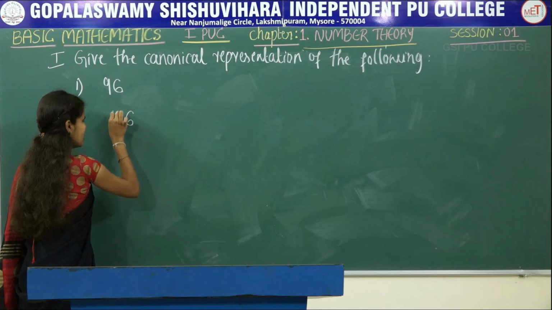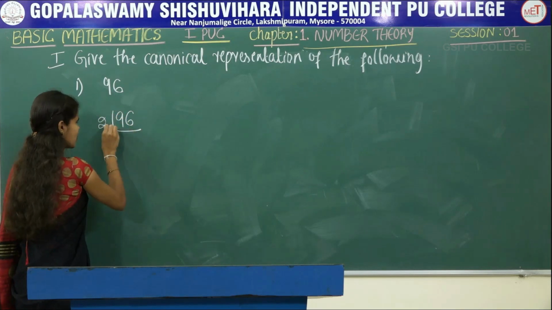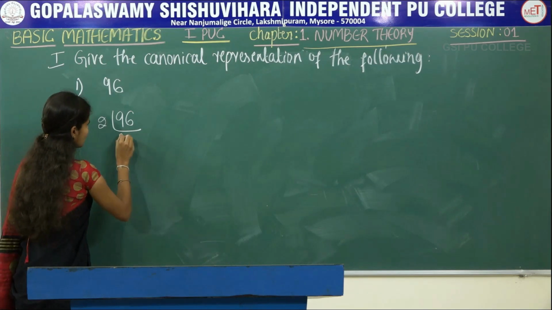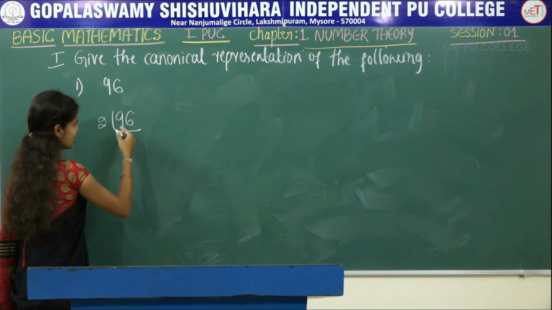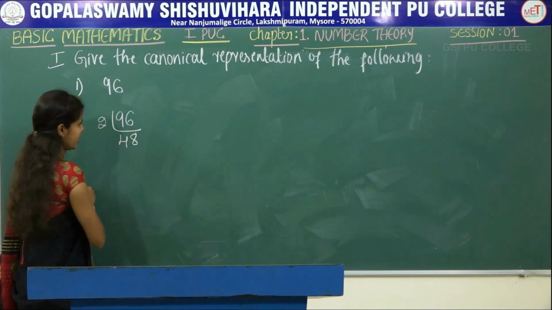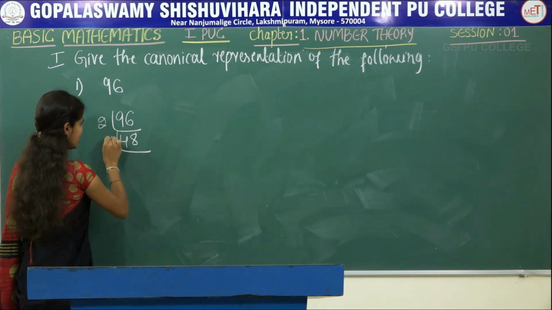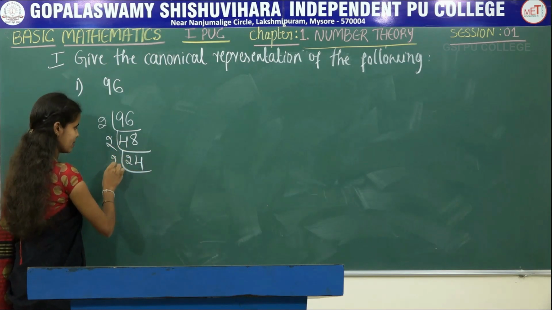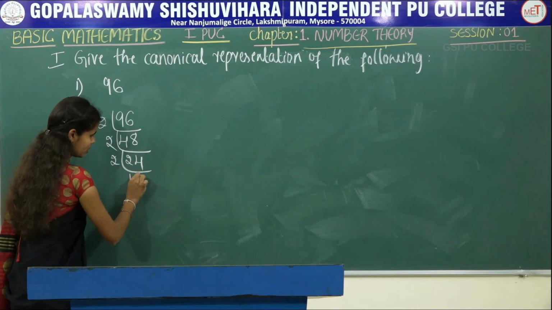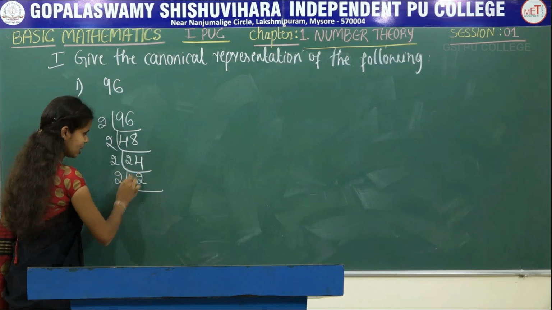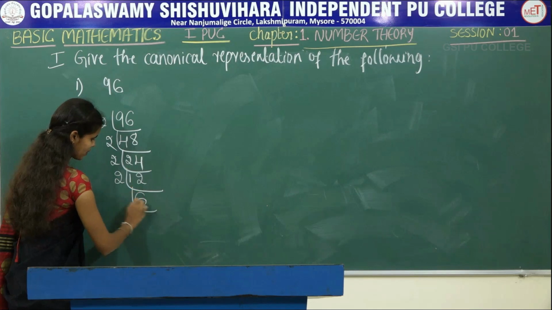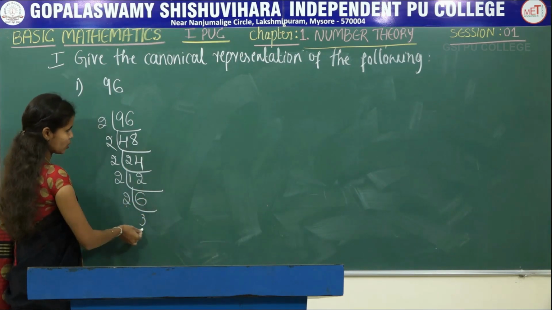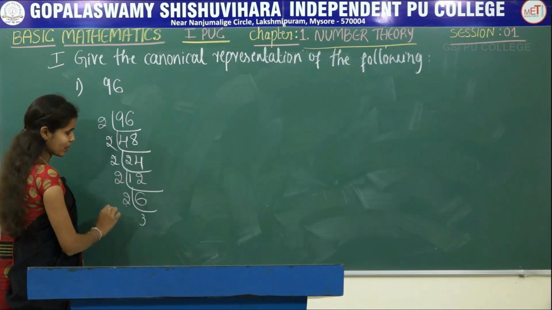First divide by a prime number. Consider 2. It is an even number, so it is exactly divisible by 2. 96 divided by 2 is 48. Again divide by 2, we get 24. Again even, divide by 2, we get 12, again divide by 2, we get 6, again divide by 2, we get 3. We divide until we get a prime number, and 3 is a prime number.